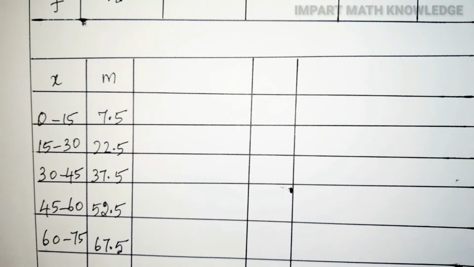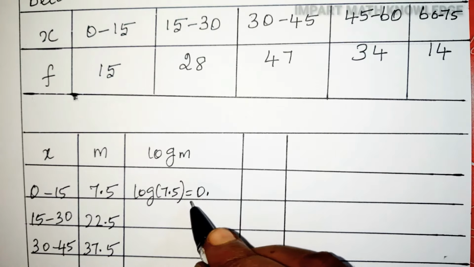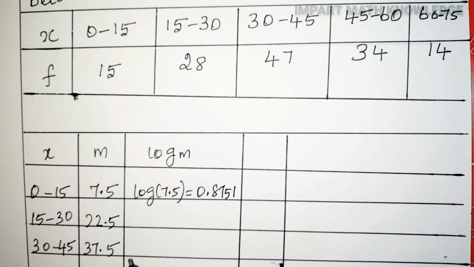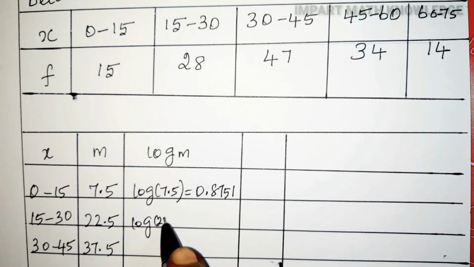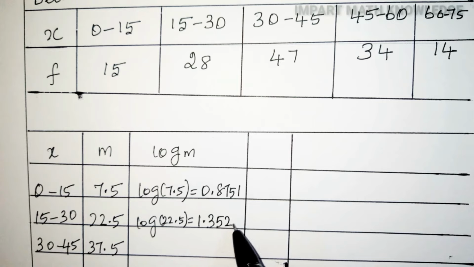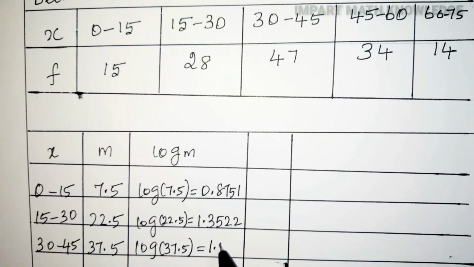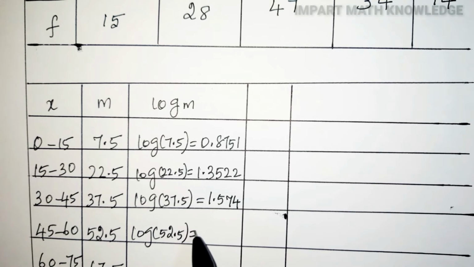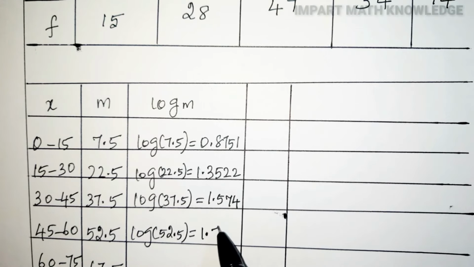Next we have to find log m. Log 7.5 is equal to 0.8751. Log 22.5 is equal to 1.3522. Log 37.5 is equal to 1.574. Log 52.5 is equal to 1.7202.